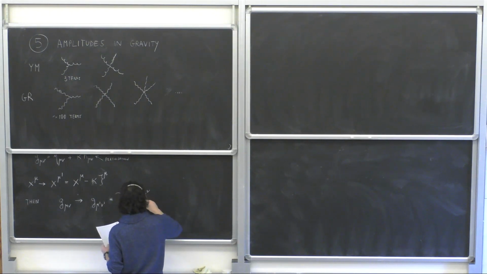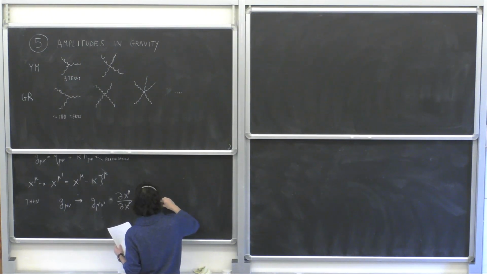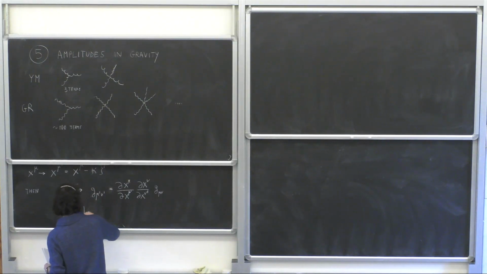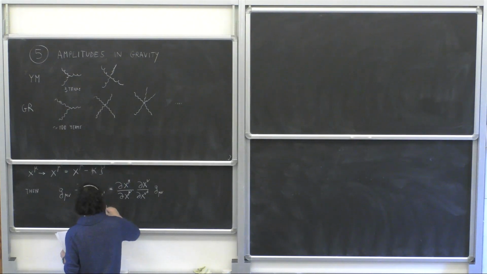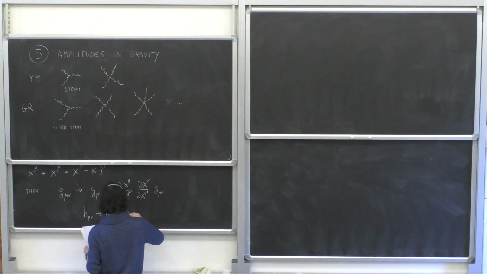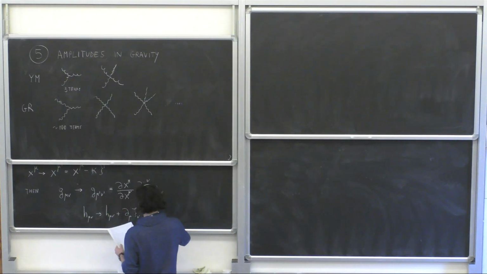And then if you plug this in the infinitesimal coordinate transformation, which you had before, just by expanding in kappa, this implies that your h mu nu transforms in this form, which very closely parallels or resembles a gauge transformation for gauge theory.